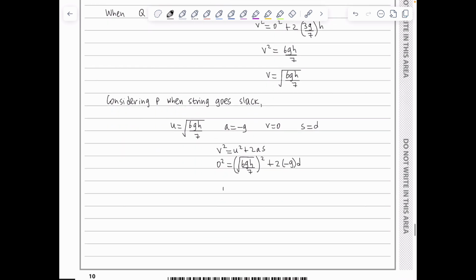This leads to 0 being equal to 6gh over 7 minus 2gd, and therefore 2gd is equal to 6gh over 7. I will cross out the g. I will simplify the 2 with the 6, so we get that d is equal to 3h over 7.